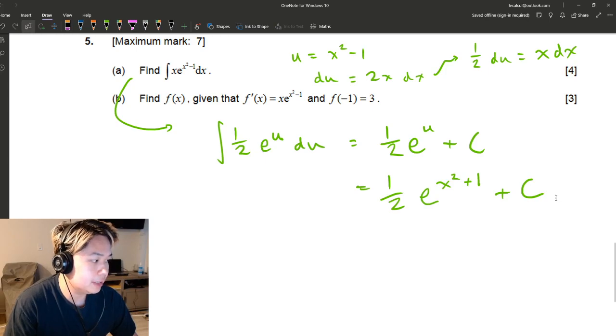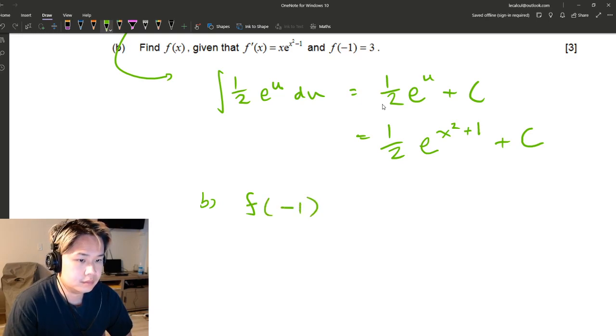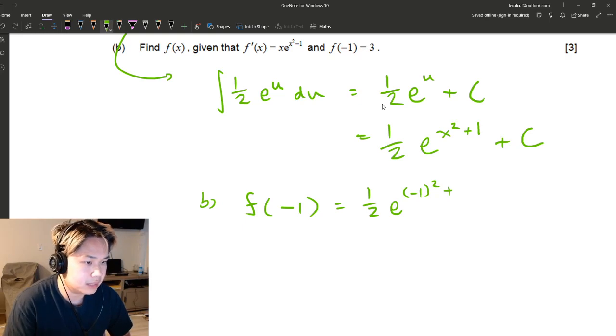And then we want to find the actual function, so we need to find c. That's why they tell us this information. So we're going to plug in the x value. Oh, this is -1.